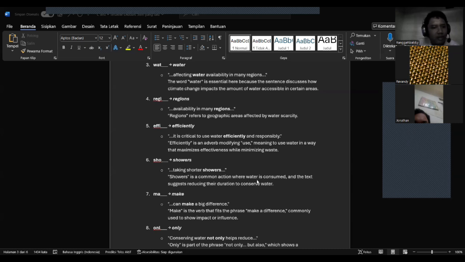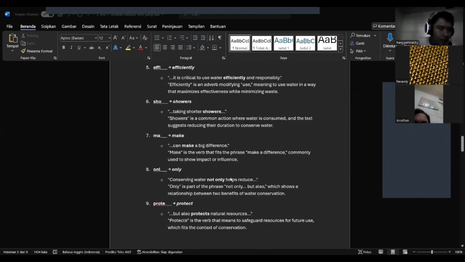Showers is a common action where water is used, and the text suggests reducing the duration to conserve water. Seven, ma, means make. Can make a big difference. Make is the verb that fits the phrase make a difference, commonly used to show impact or influence.